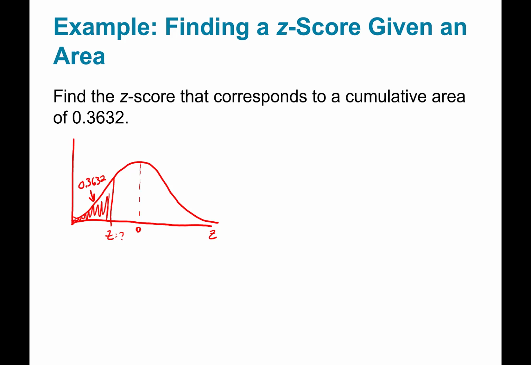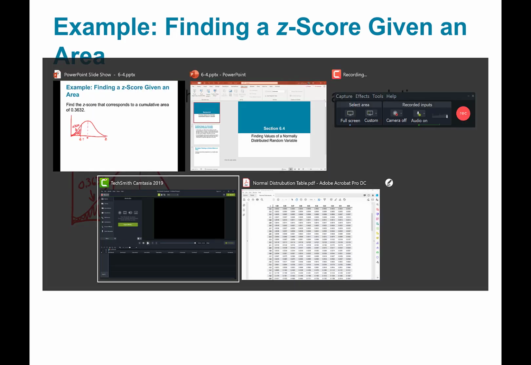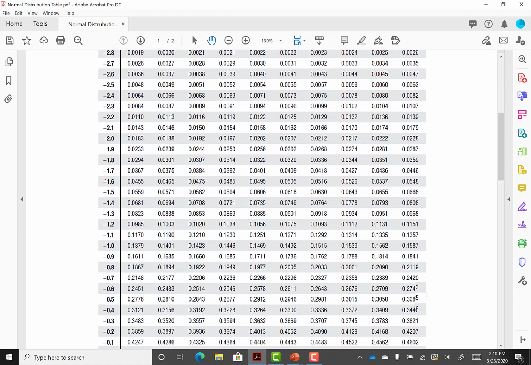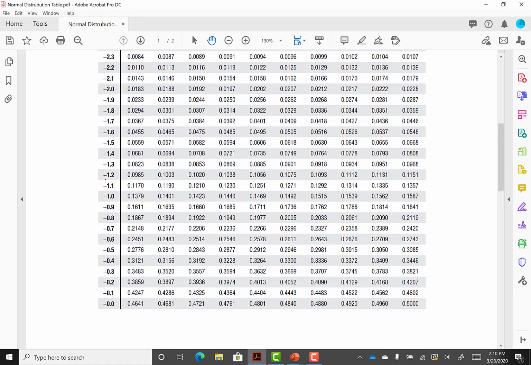To get this area, we would just look up the z-score on the table. And then our area is going to be the value where that row and column intersect on the table. So to work backwards now, we're going to start out by looking in the body of the table. So we're going to look inside our table now for the 0.3632. And we know it's going to be a negative z-score because it's to the left of our mean.